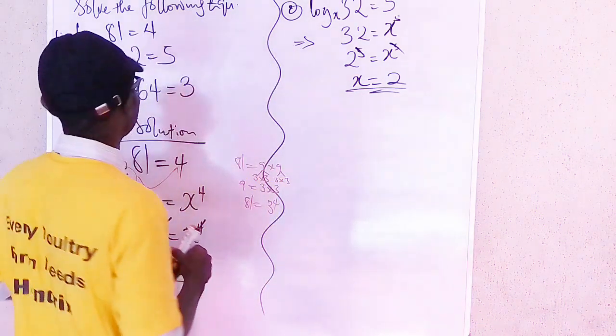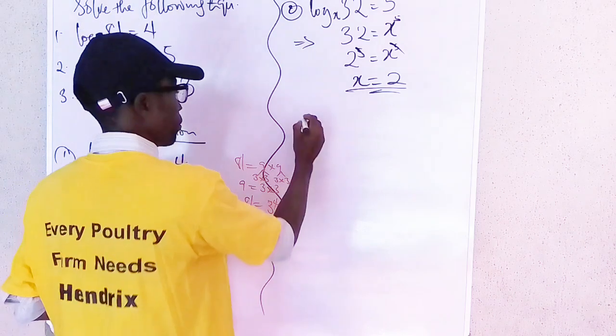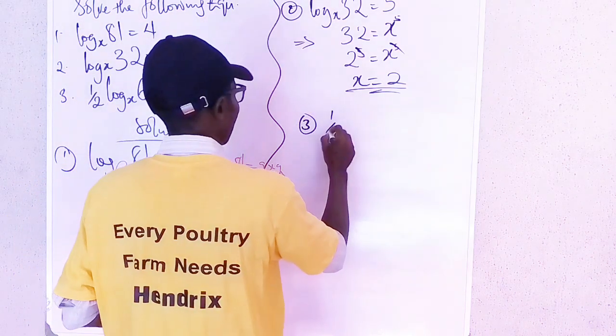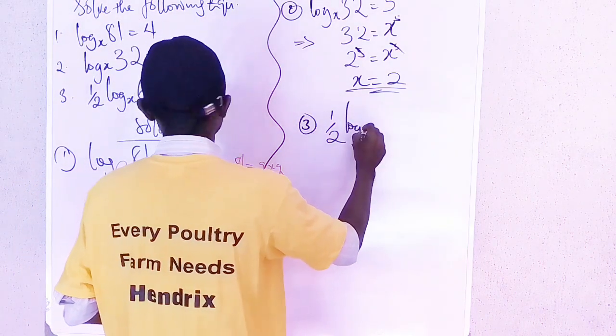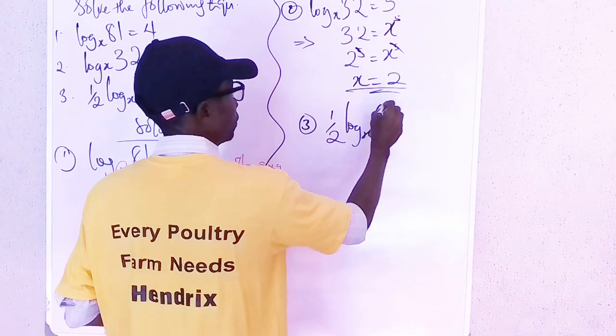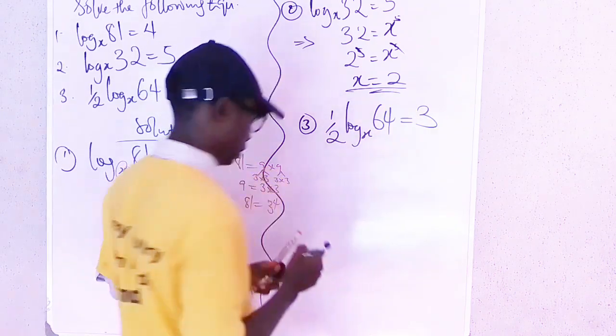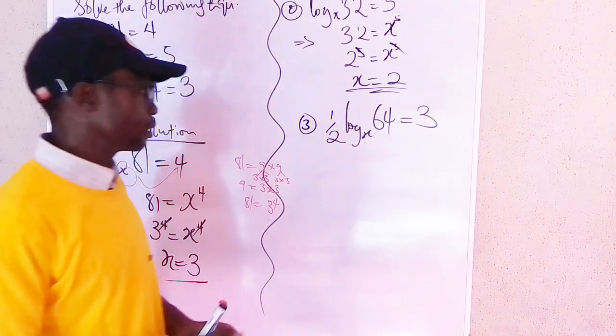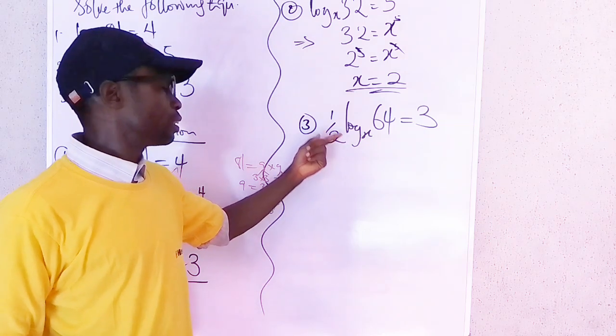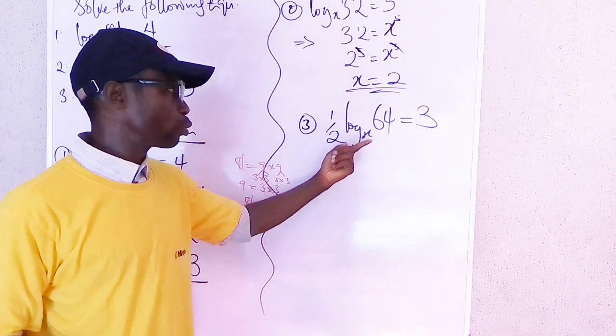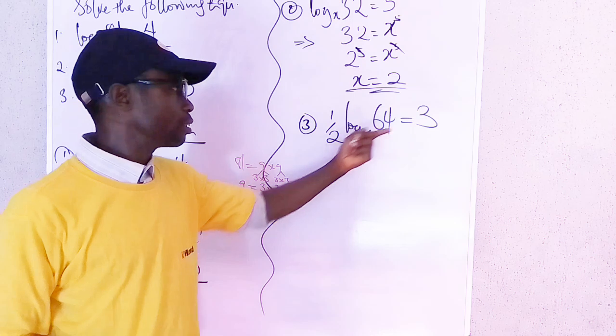Then we'll see the next. Number 3: half of log 64 to base x is equal to 3.